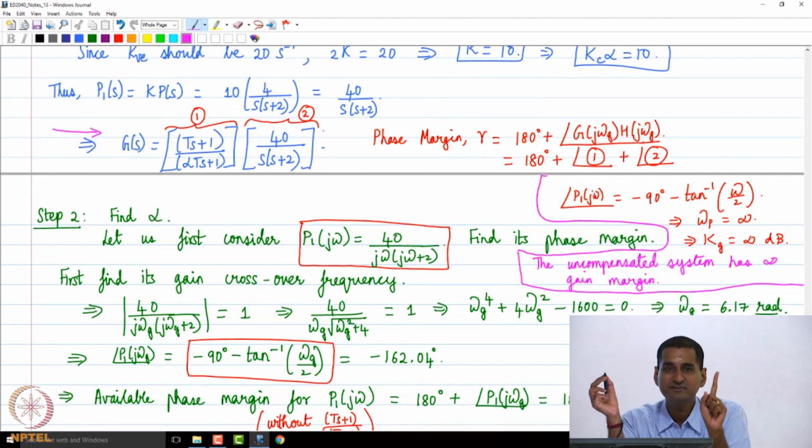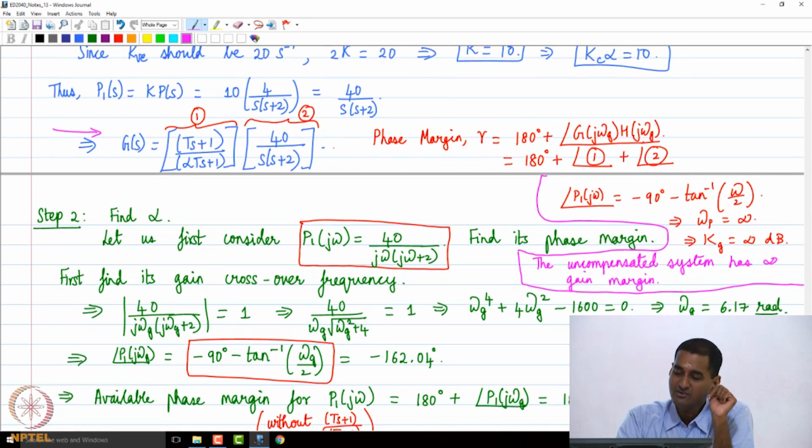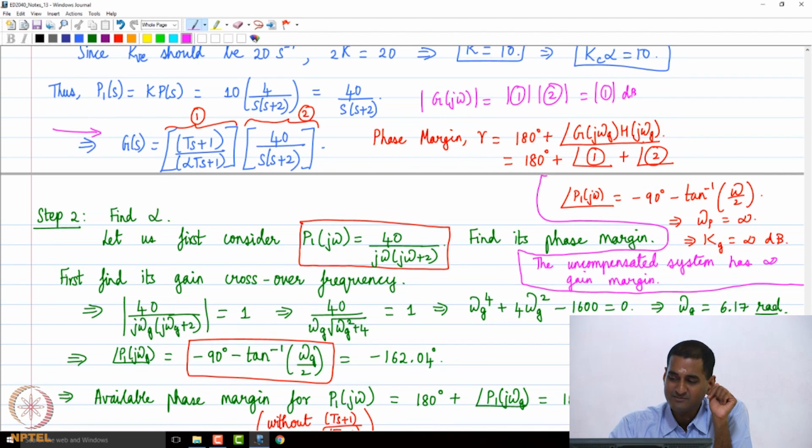Because the gain crossover frequency is the frequency at which the magnitude of the open loop transfer function is 1. So the magnitude of G of j omega is the magnitude of 1 times the magnitude of 2, or the magnitude of 1 in decibels plus the magnitude of 2 in decibels, right?